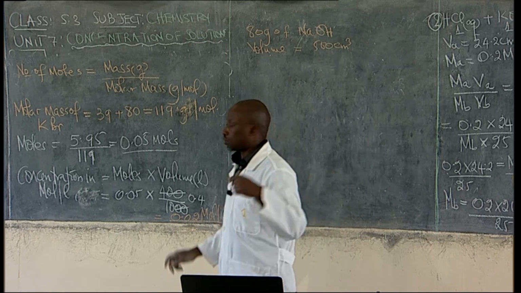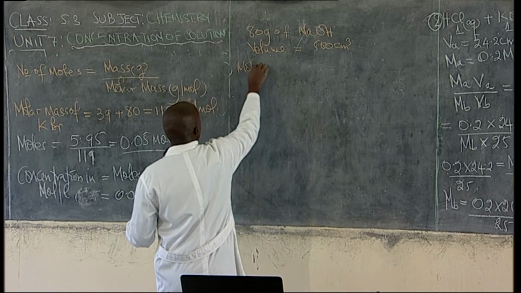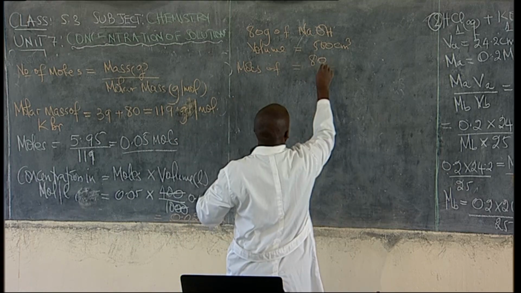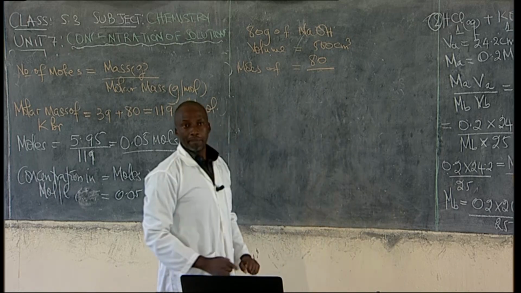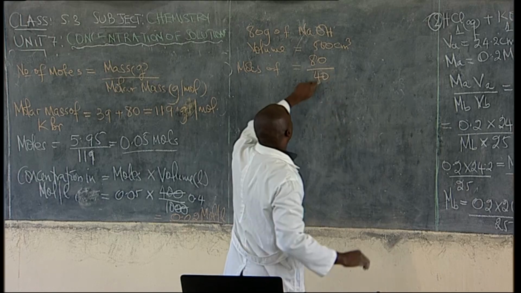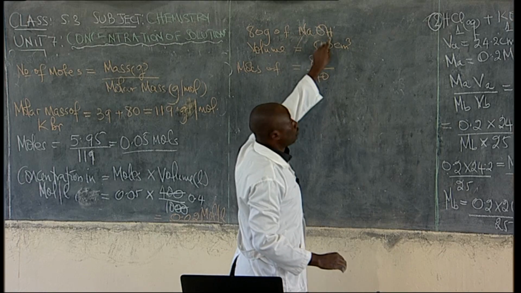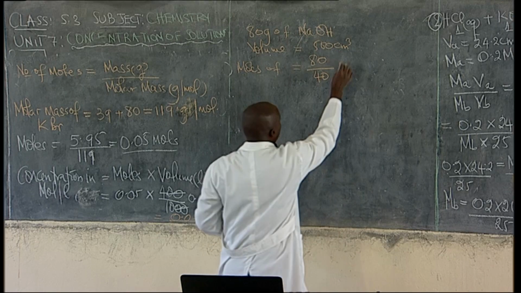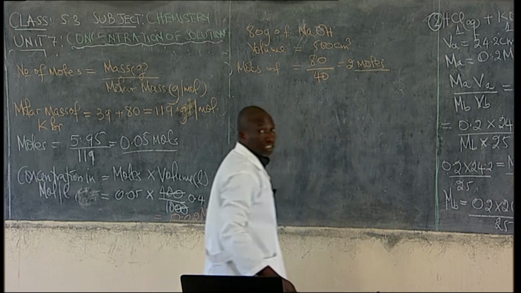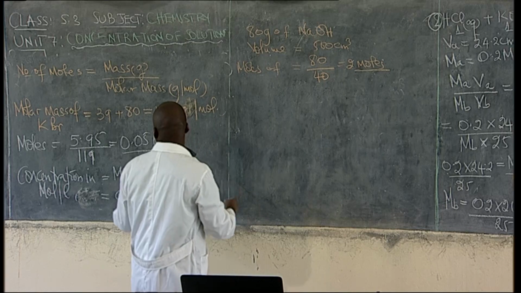It is the same, so you get the moles of sodium hydroxide, which will be mass over molar mass. The molar mass is 40. Where am I getting 40? 23 plus 16 plus 1. I'm using the atomic masses. This is 2 moles.